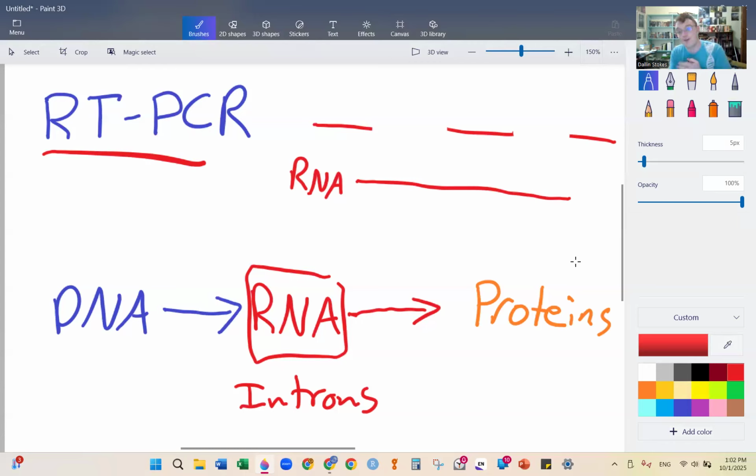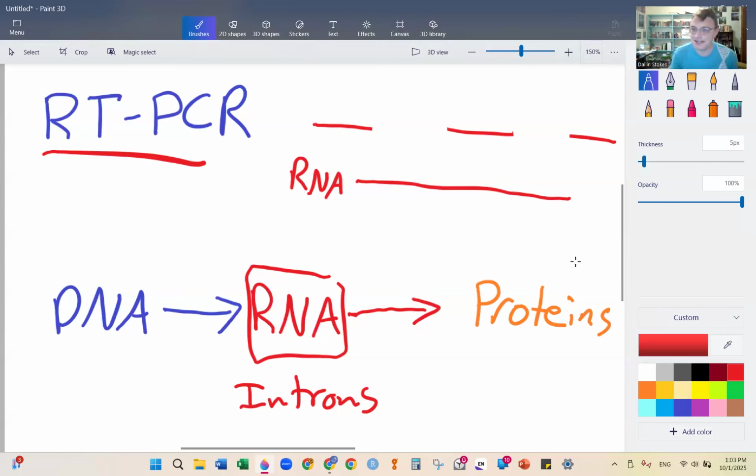And if I take the RNA version of the gene instead of the DNA version, then that conveniently doesn't have introns anymore. It's just got the important parts of the gene. But if I need to make a million copies of the RNA version of the gene, PCR is not going to work because Taq DNA polymerase only knows how to read DNA. It can't read RNA.